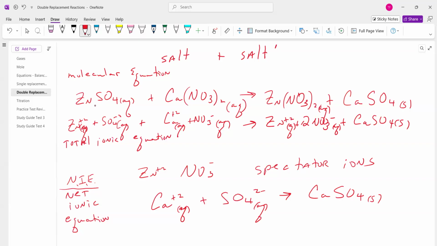Now, whenever we write equations, we always have to make sure they're balanced. And then TIE. So you have molecular equation, total ionic, and net ionic spectator ions.